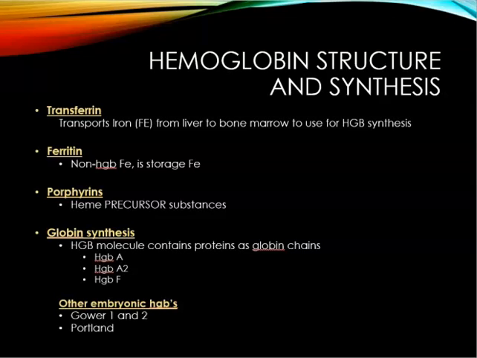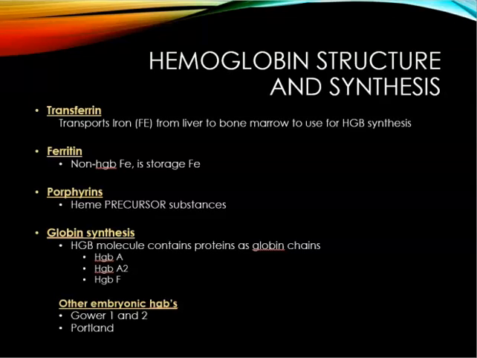We first need to familiarize ourselves with a few different terms. First, we need to know what transferrin is. Transferrin is a protein that transports iron from the liver to the bone marrow, and it's used for hemoglobin synthesis, or it's used to make hemoglobin.